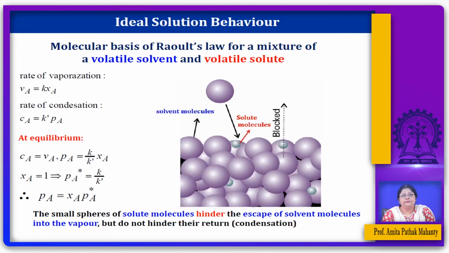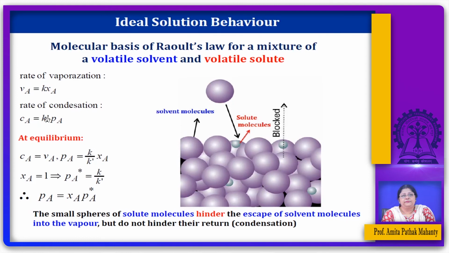But at equilibrium, suppose the situation is going on and we reach equilibrium. At equilibrium, what will happen? The rate of vaporization should become equal to the rate of condensation, right?